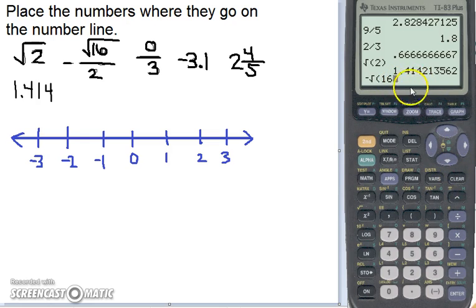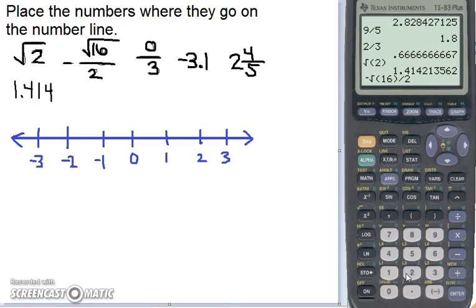You don't have to clear the whole option right here, this DEL button. If I were to just do square root of 16 divided by 2 like this, the calculator would think that you want to do the square root of 16 divided by 2. But that's not what we want to do. We want to do the square root of 16, so I end the parentheses, then divide, then 2.